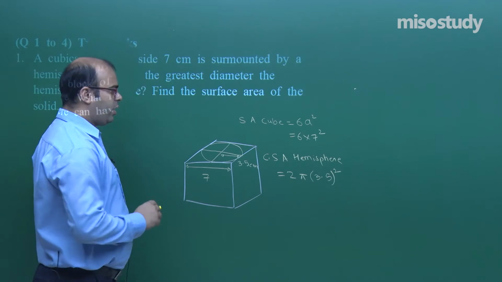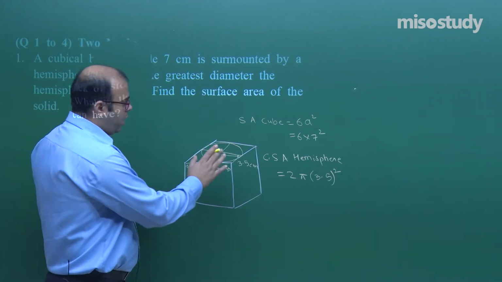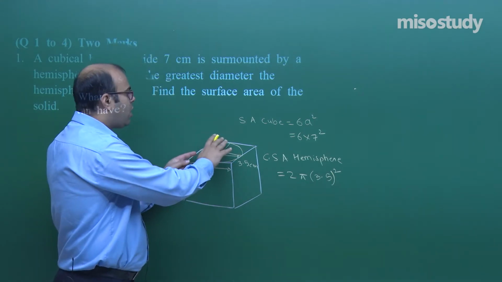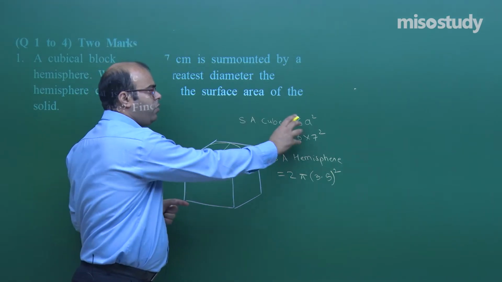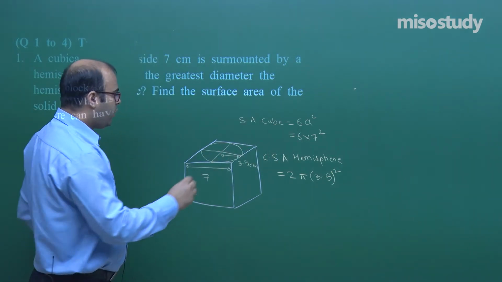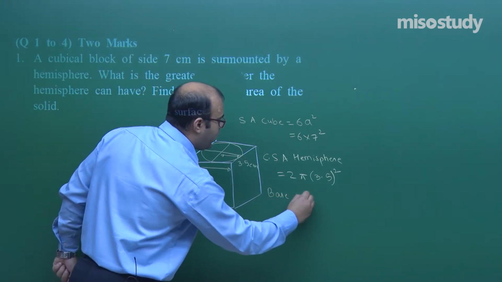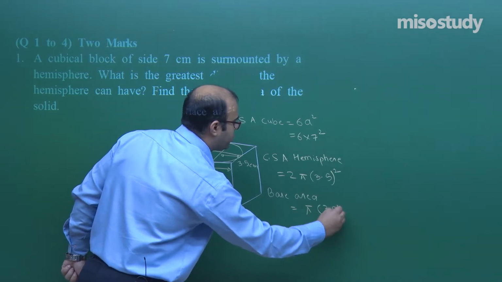Now there is an important thing: if you surmount it by a hemisphere, the base of the hemisphere will cover part of this cube. So that area will have to be subtracted from the surface area of the cube. What is that area? The base area of that hemisphere is pi r square, that is pi into 3.5 square.